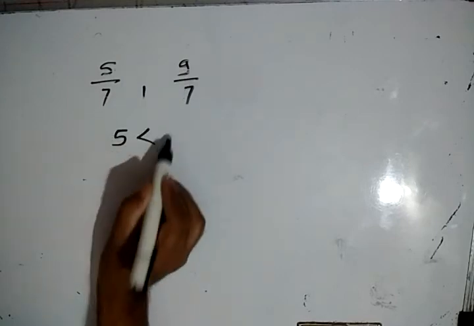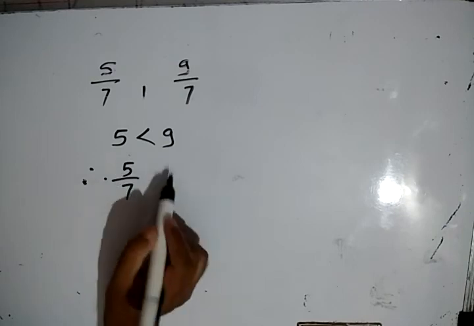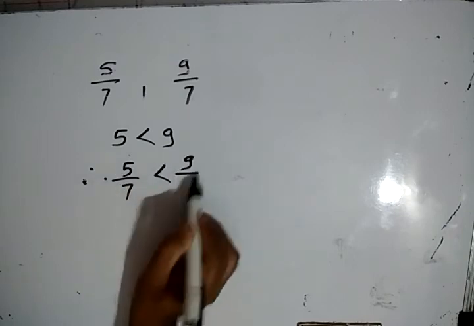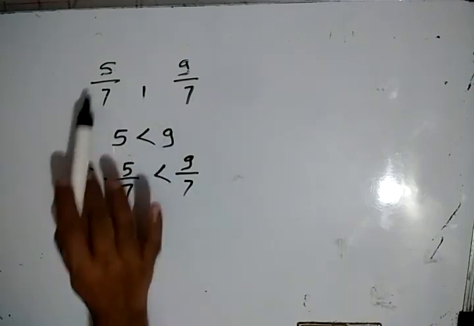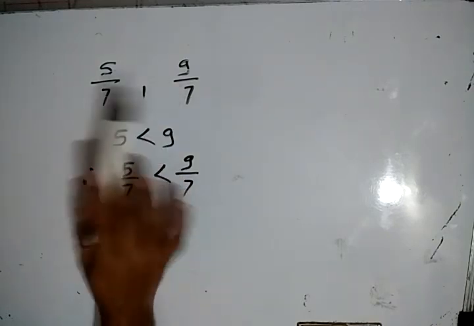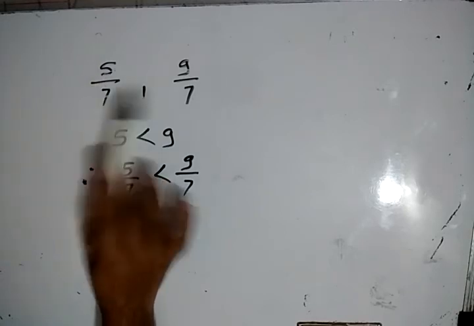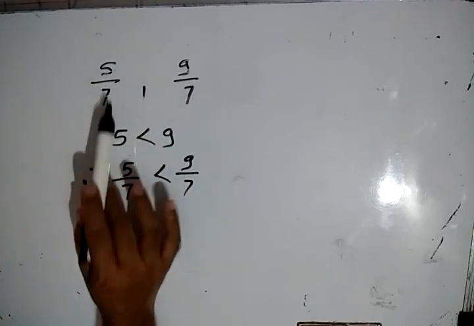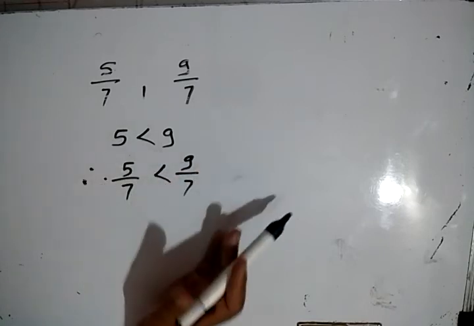Here 5 is less than 9. Therefore, we can write 5 by 7 is less than 9 upon 7. If the denominators are the same, compare only the numerators and decide which is greater and which is smaller.